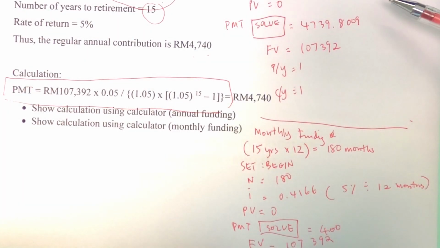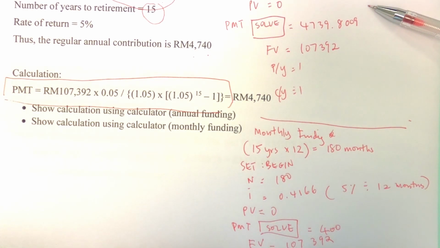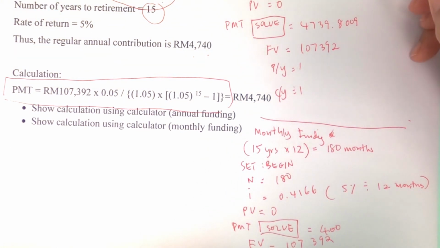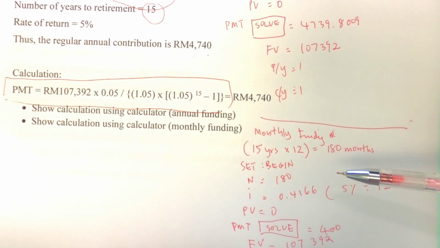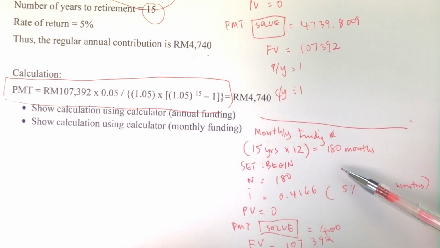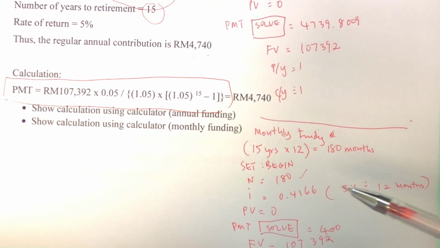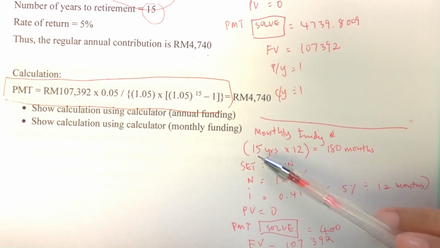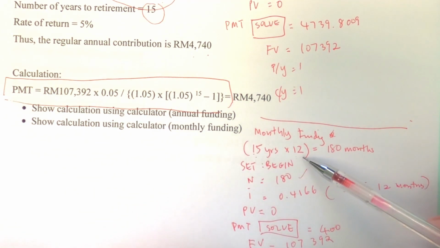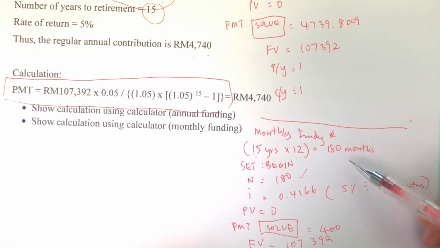The first situation is where the payment is made yearly, but if we want to change the payment to monthly, we calculate N by multiplying 15 years by 12, so that we get 180 months.